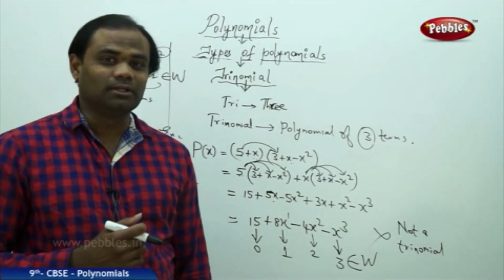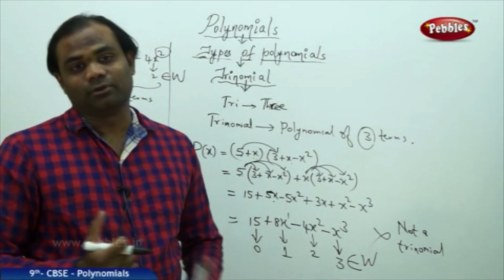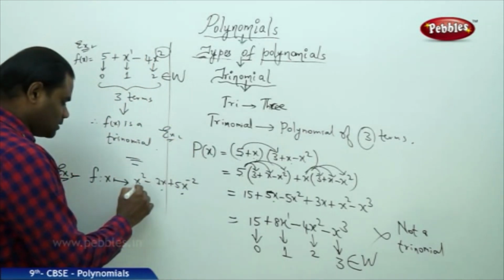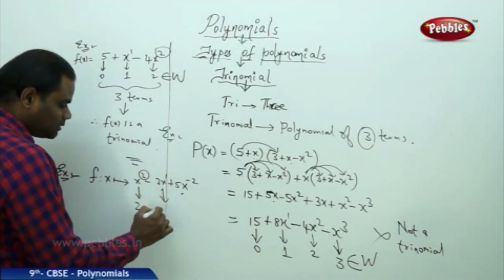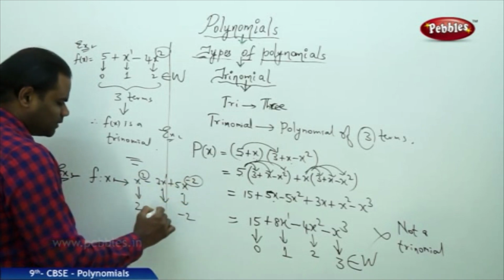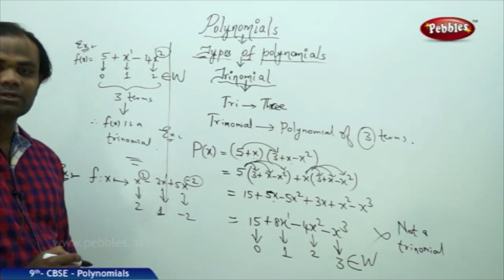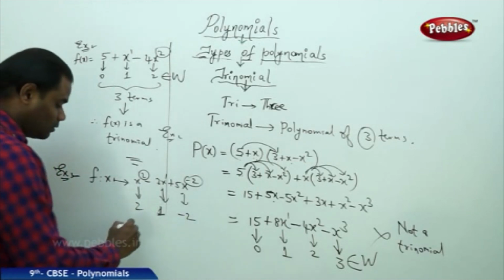this is not a trinomial, because for a trinomial, initially it needs to be a polynomial. For the first term my power is 2, for the second term my power of the variable is 1, and for this my power of the variable is minus 2. 2 and 1 belong to whole numbers, but minus 2 is not a whole number.